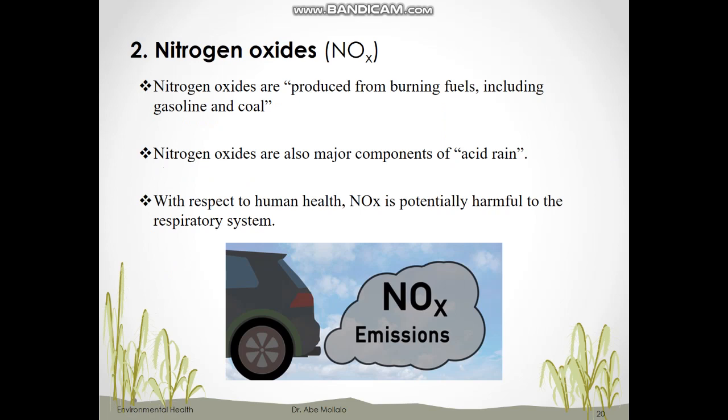And health effects associated with nitrogen oxide are nose and throat irritation, and also increased respiratory infection. In the lab, you will see we can obtain each of these criteria air pollutants from EPA website, and then we can investigate the association with the health outcome.